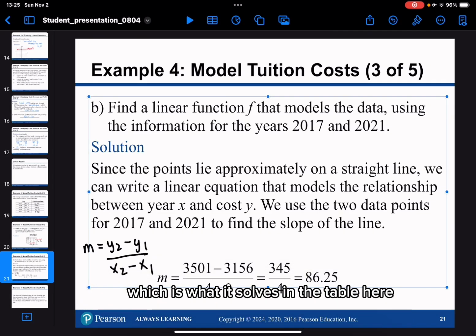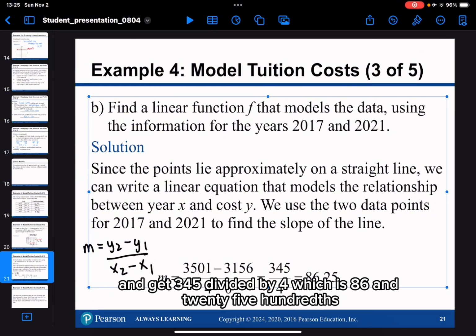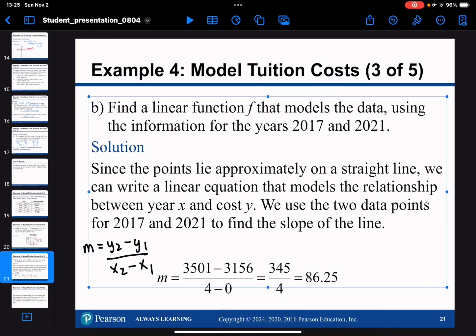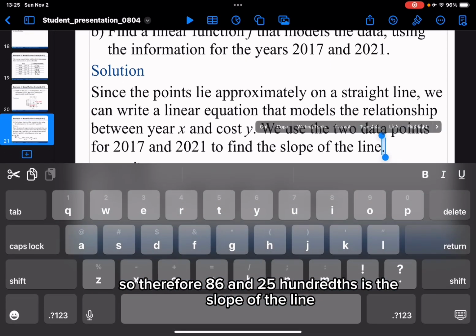So subtracting our y values and our x values, we get 345 divided by 4, which is 86 and 25 hundredths. Therefore, 86.25 is the slope of the line.